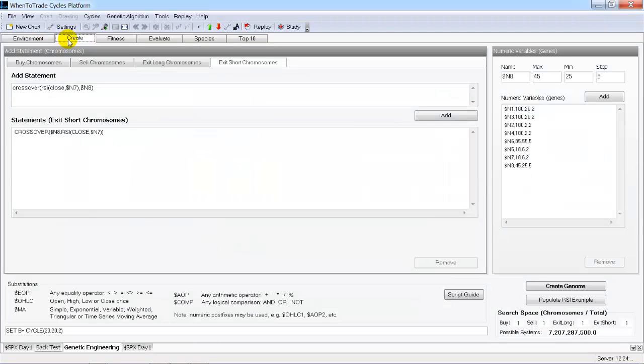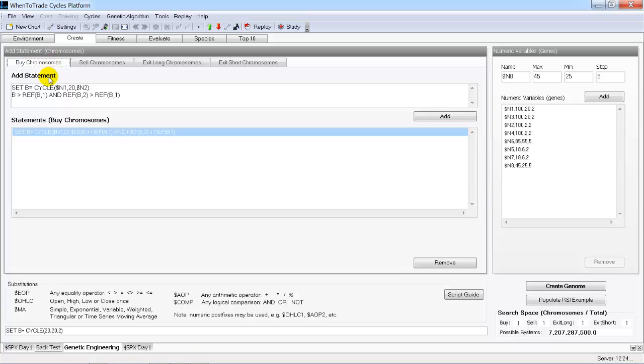So we created our genome based on our definitions here. Just to review, for the buy chromosome, we entered the cycle length here, because the cycle length and the phase will be detected by the genes which are put in here. The sell chromosome is also a cycle where the length is not known, so the length will be detected by the genes, which are mutated and crossed over by the engines here.